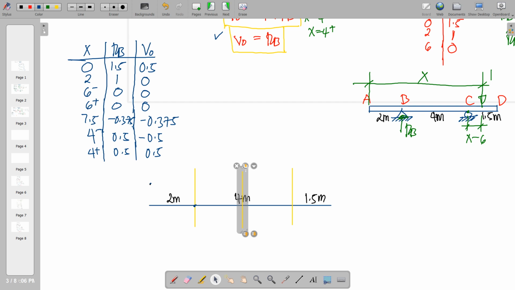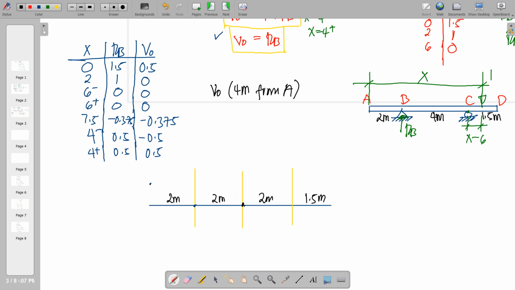So that it will be 2 and 2, because we are concerned here with VO. Remember that VO is 4 meters from point A, so we are concerned with this point here.